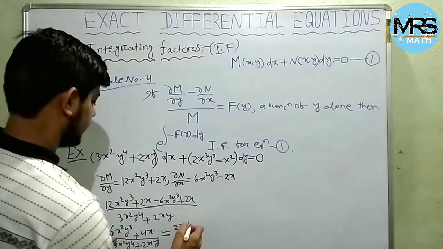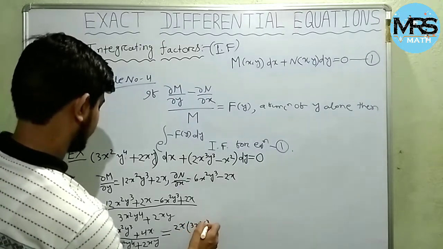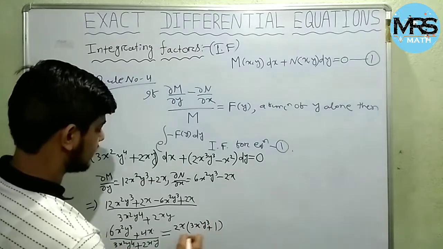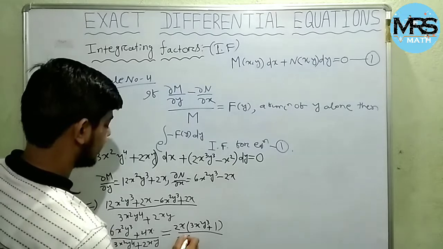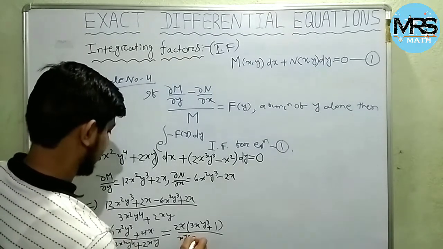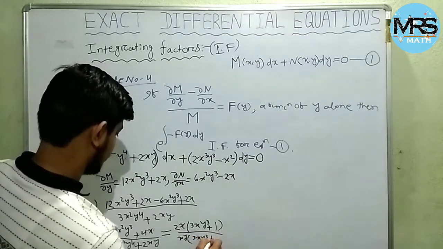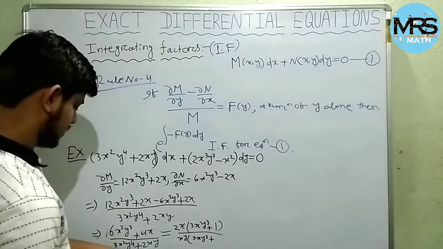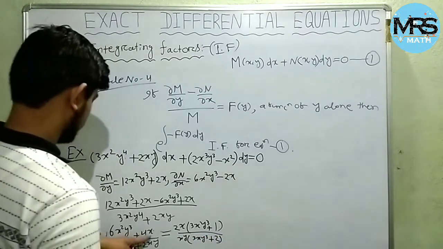So it will be 2x(3x y cube plus 1) over, if you take common xy, then you will get xy(3x y cube plus 2).